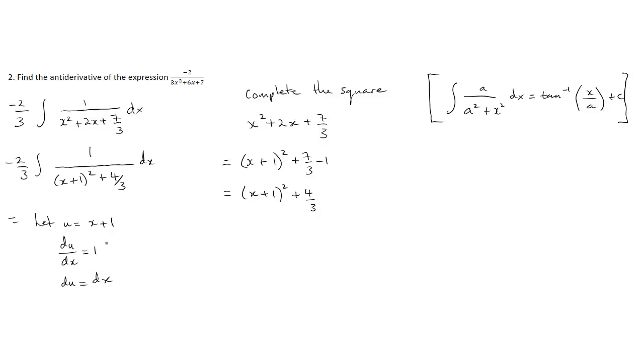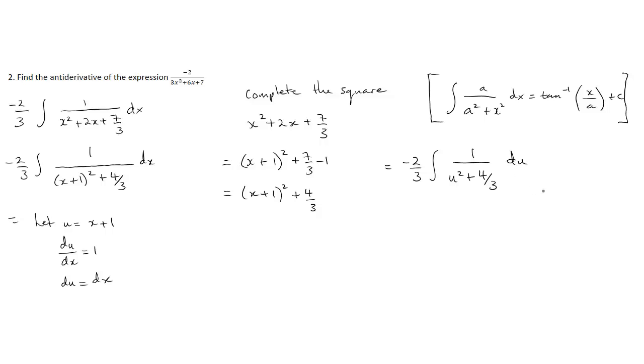Okay, so I have run out of space. So I'm going to bring the expression here. Integral of 1 over u squared plus 4 on 3, and I can replace dx with du.